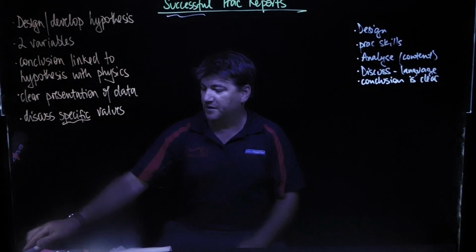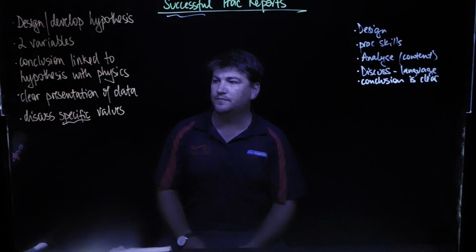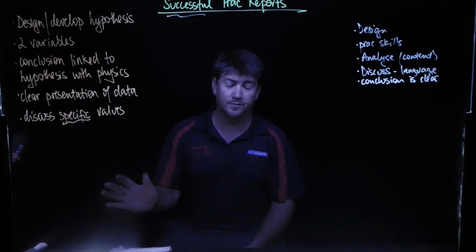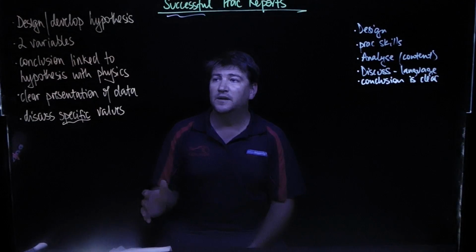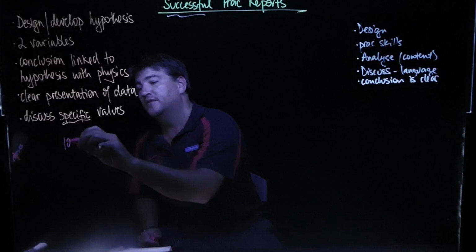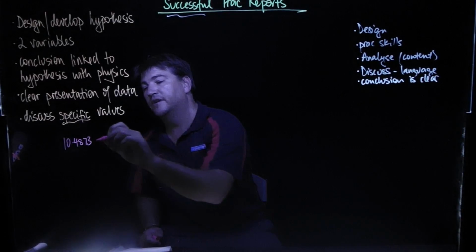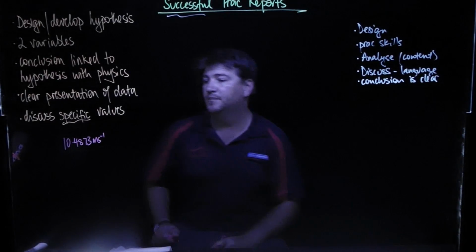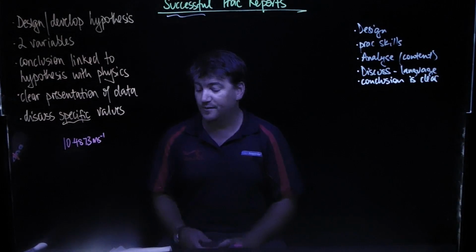Other things we mentioned in class the other day about when you're quoting specific results in your prac report: when I say specific results, I don't mean 10.4873 meters per second, because you're going to sound like a little bit of a peanut.